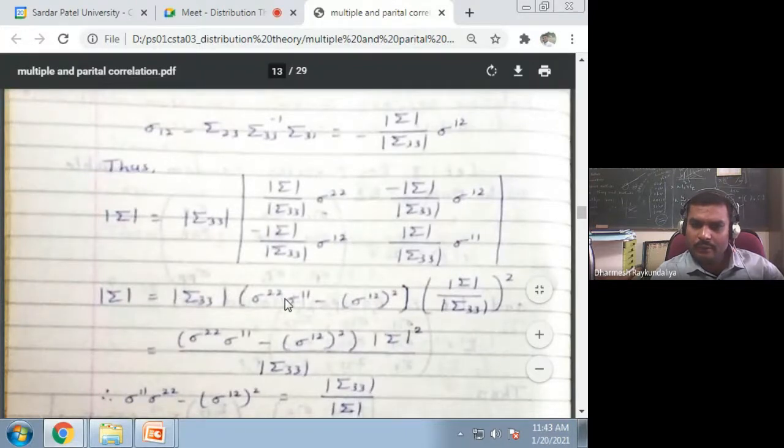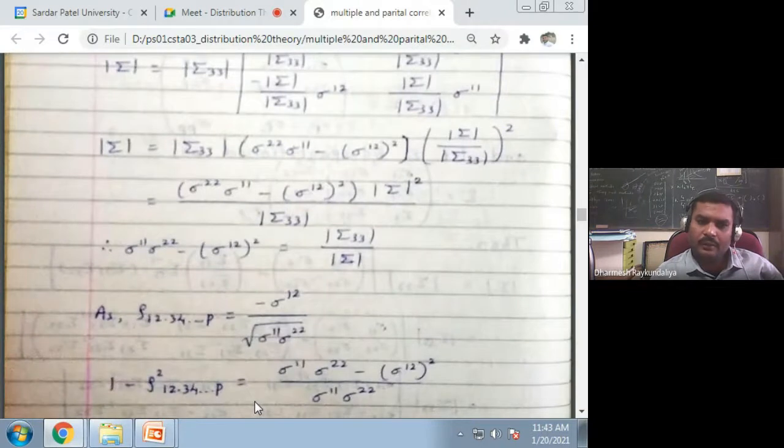It is the determinant of sigma, inverse of sigma 2 2, inverse of sigma 1 1 minus inverse of sigma 1 2 square, and that is nothing but your sigma. So this one will cancel out with this. And if you keep this side, it is the determinant of sigma 3 3 divided by the determinant of sigma, and this is nothing but sigma 1 1 inverse sigma 2 2 inverse minus sigma 1 2 inverse square, given by this quantity.